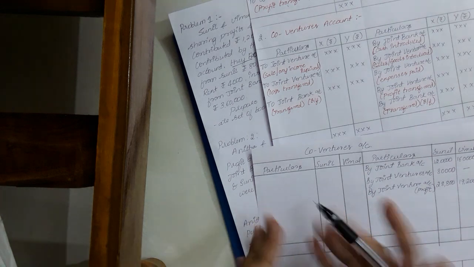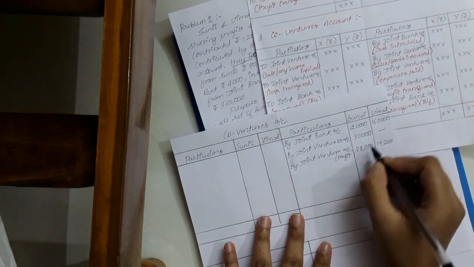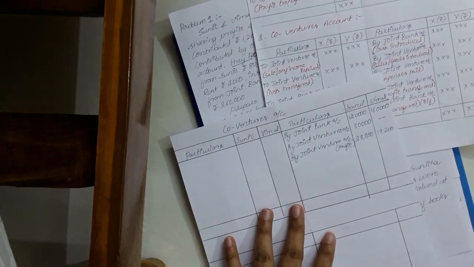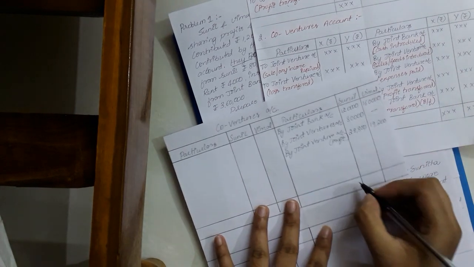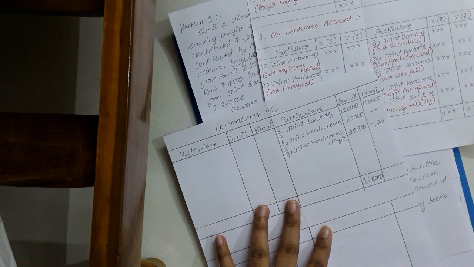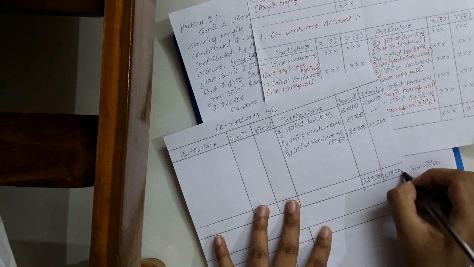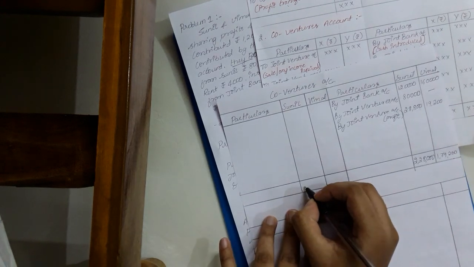As usual, we will be writing the balancing figure. So 1,20,000 plus 80,000 plus 28,800, it will be 2,28,800. On the other side it is 1,79,200. So the credit side is more.